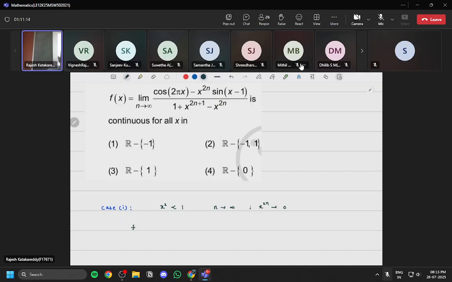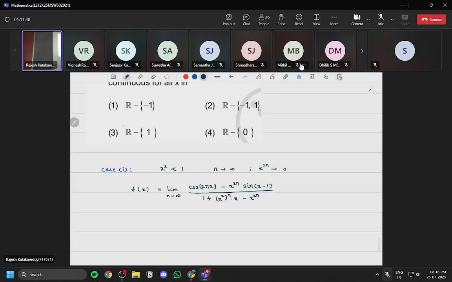So in this case, f of x will be equal to the limit as n approaches infinity of cos 2 pi x minus x to the power 2n sin x minus 1, divided by 1 plus x to the power 2n into x minus x to the power 2n. Using this argument, x power 2n I can write as 0.